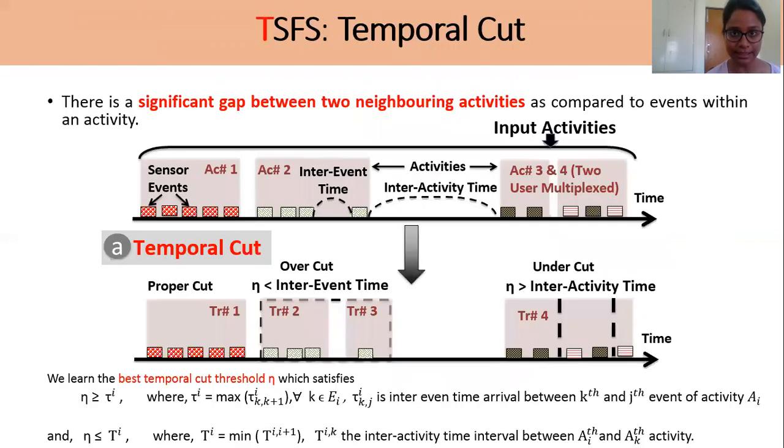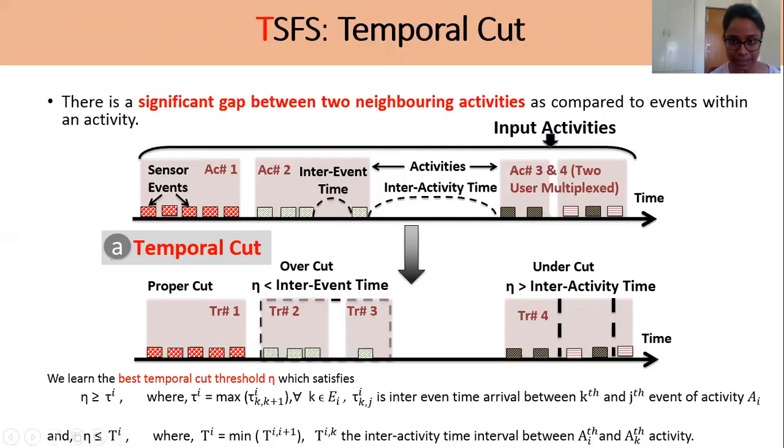First is temporal cut. Temporal cut uses the intuition that generally between two activities there will be a significant time gap, and within one activity the events will come faster. So if you identify a threshold that is lesser than the minimum activity time gap and bigger than the maximum event time gap, then you will probably be able to segment them well.